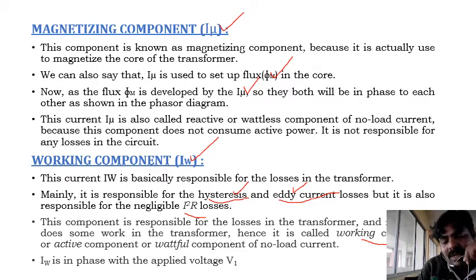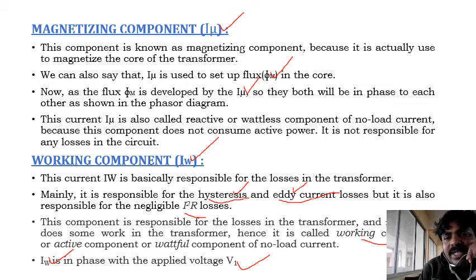This IW is related to your supply voltage or the primary voltage. These two are proportional to each other, since IW is in phase with the applied voltage V1. You should keep this in mind.